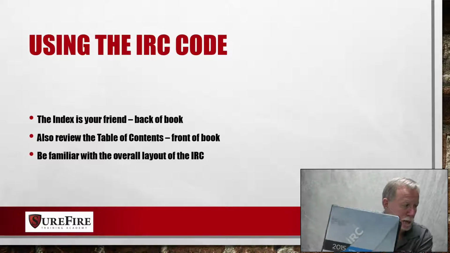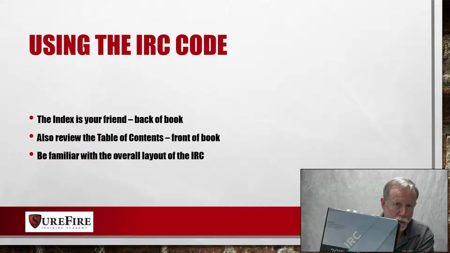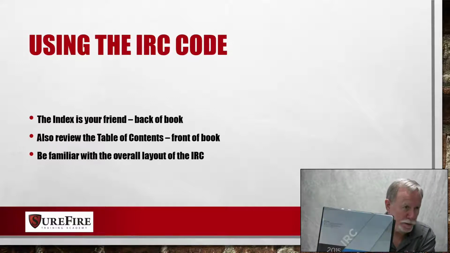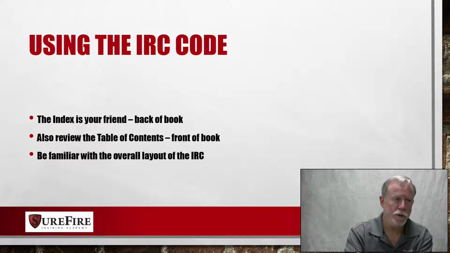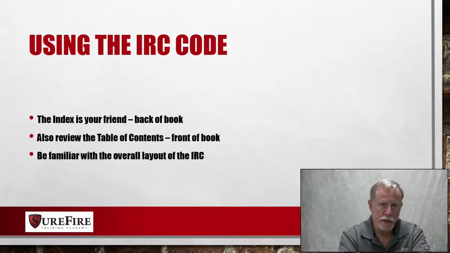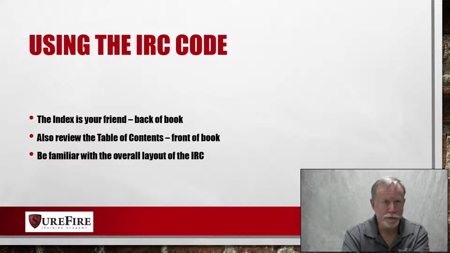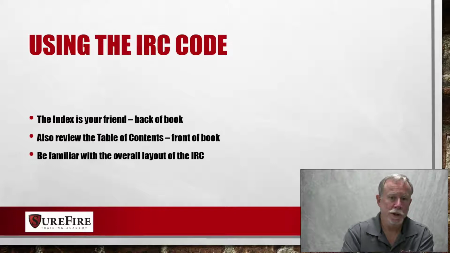With the paper copy, you need to know that index. You need to be familiar with it. And then also at the beginning of the code, you have the table of contents. The table of contents is not as detailed as the index, but it's still useful. And then you want to be just generally familiar with the layout of the IRC.